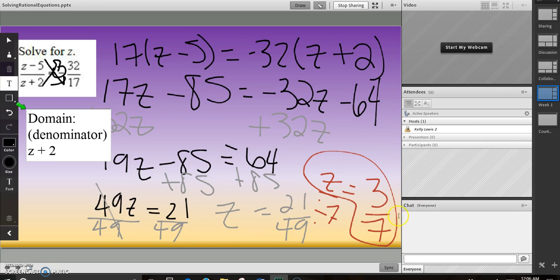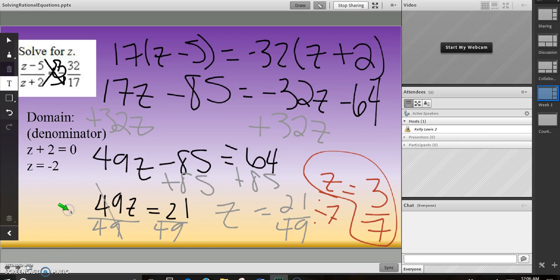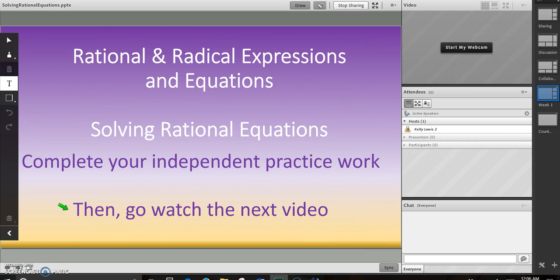So z plus 2 equals 0, so I'm going to subtract 2 from both sides. So z can't equal negative 2, and so we lucked out, and we got 3 sevenths, so everything's okay there. Can't forget the denominator. All right, so that's solving rational equations. You're almost through the hardest part of the whole semester. All right, you can do this.